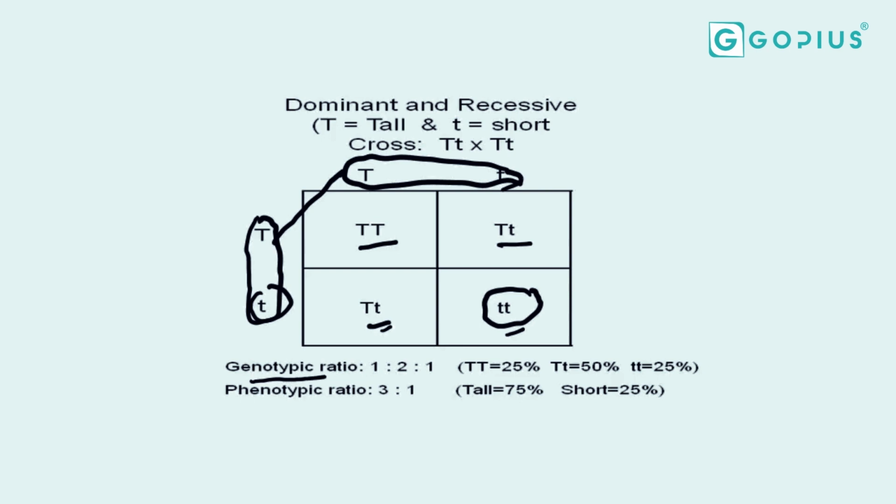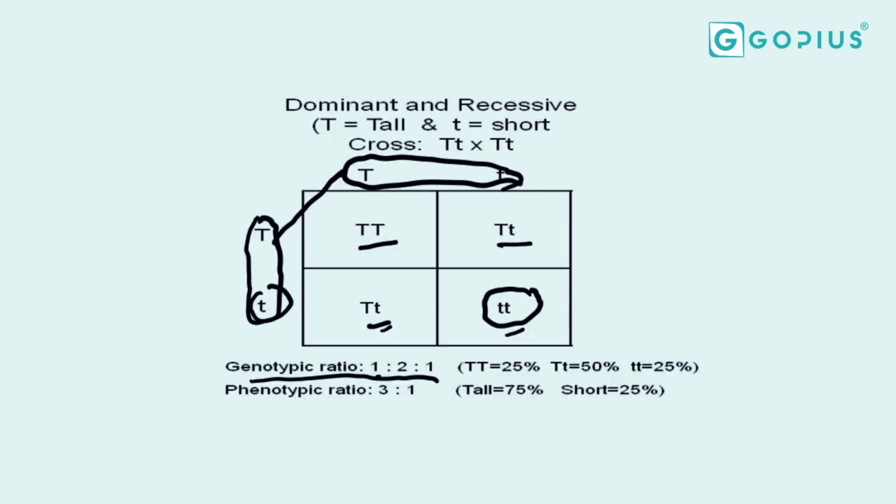When you talk about the genotypic ratio, you're actually talking about the genes that make up these various individuals. So the first one is capital T, capital T. This is homozygous gene for tallness. So that's one, which you have here. The second one is capital T, short t.